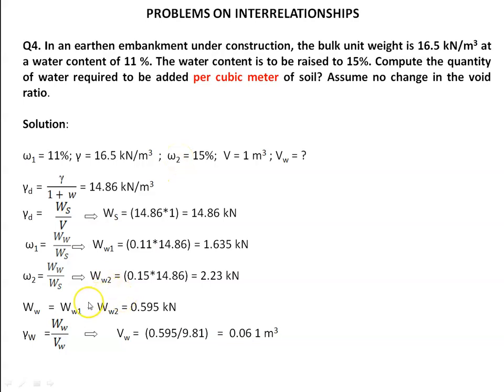Then by taking the difference, we can find the increase in weight of water. Then using the unit weight of water, which is the ratio of weight of water to volume of water, we can estimate the volume of water required to raise the water content to 15%.